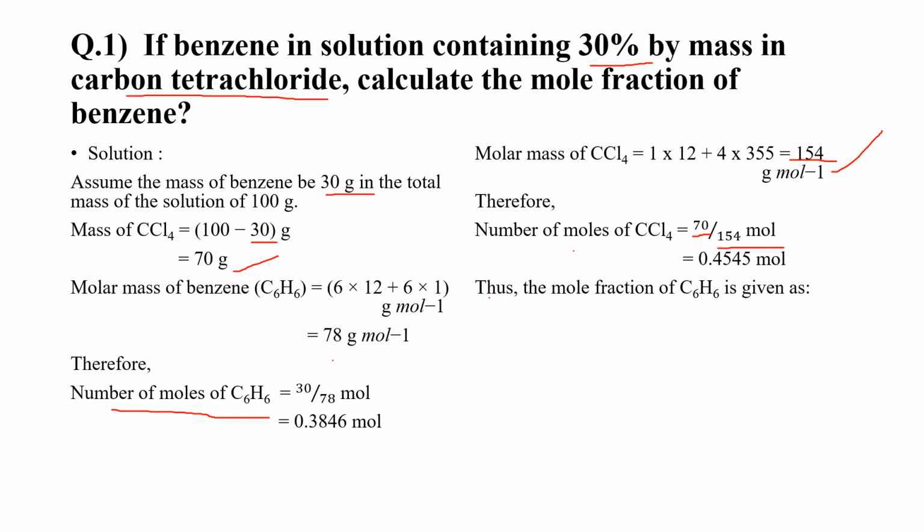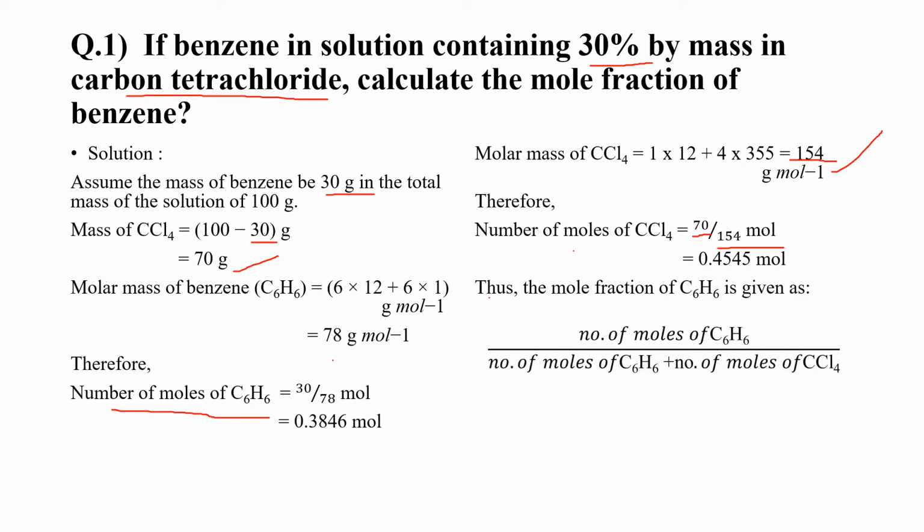Now the mole fraction of benzene will be equal to number of moles of benzene divided by total number of moles of the solution. Total number of moles of the solution means number of moles of benzene plus number of moles of carbon tetrachloride. Now on putting the values as we have calculated, we will get the mole fraction of benzene.